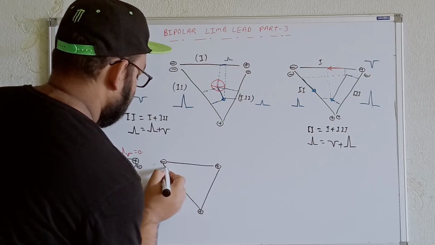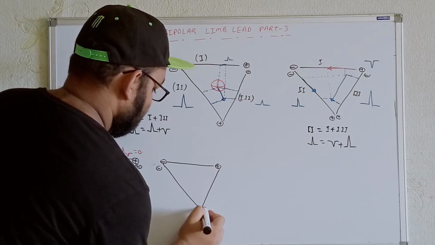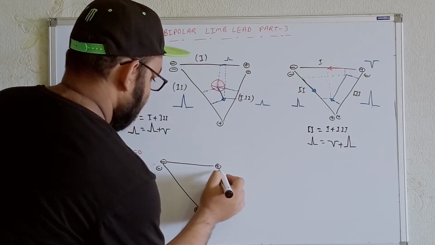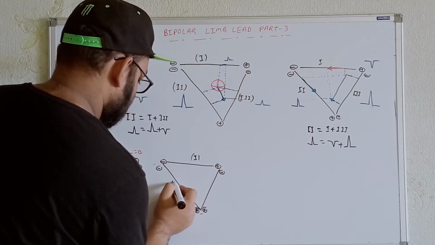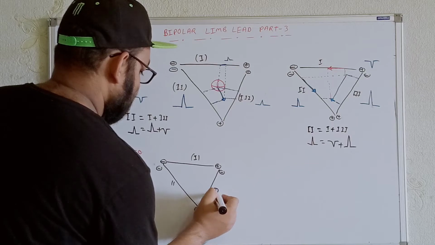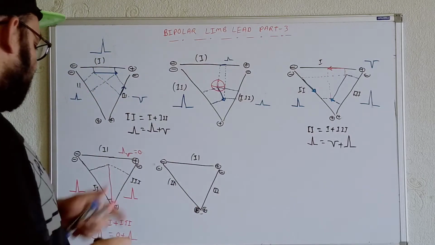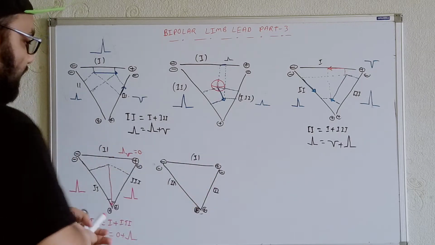Lead number 2, we are getting positive over here, we are getting positive, and we are getting negative. Now lead number 1, lead number 2 and lead number 3. For example, in these cases, we will talk about the major ventricular depolarization that is going in these directions.